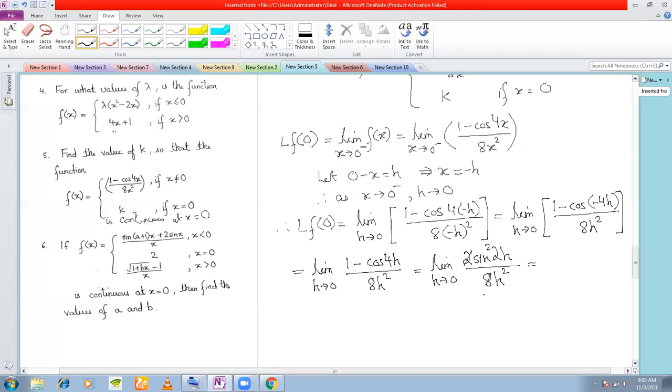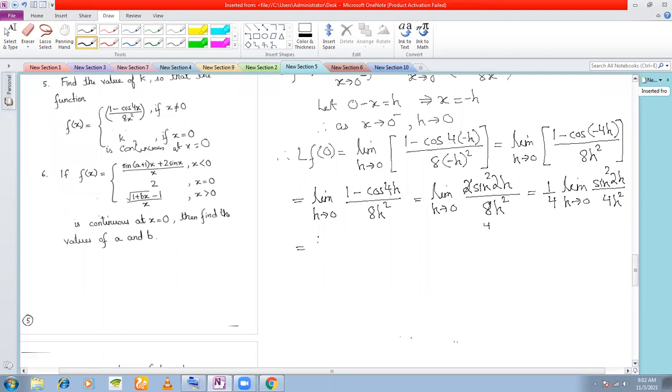Now this cancels here. So what you do here is you can take 1 by 4 out of the limit to get sine square 2h divided by 4h square.